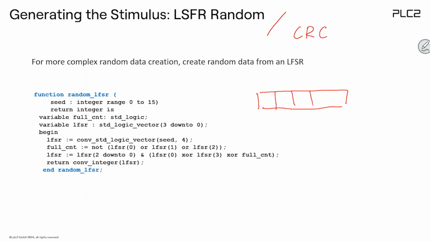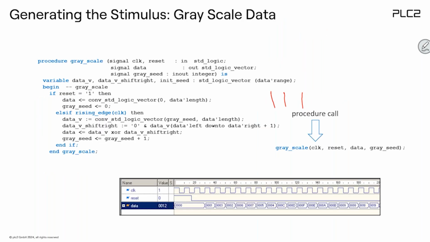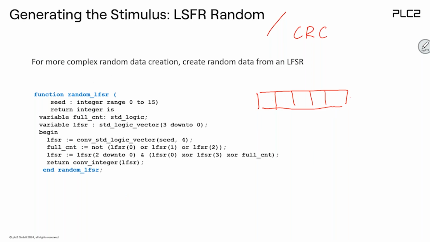And linear feedback means we just take the data here, maybe this one, and just have an XOR here and then feed it back. It's difficult for me to draw because the internet is very slow. This means that if you look at the value here, it looks random. Of course, it's not random. It will repeat, depending on the size of the shift register, but at least it's a little bit better than the simple random.